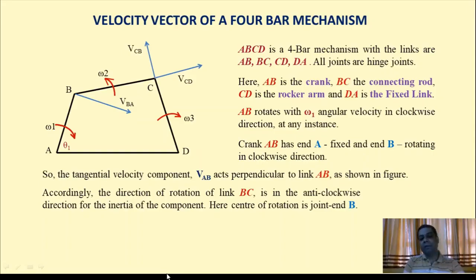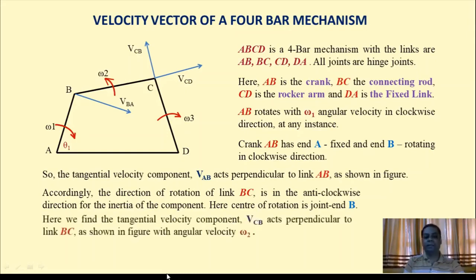Here, for BC, the joint end B is considered fixed, and the joint end C is considered the moving or rotary part, which has a tendency to rotate anti-clockwise.